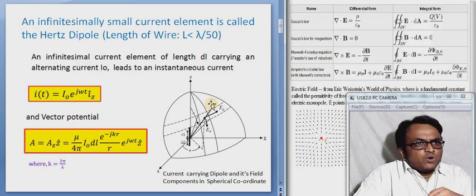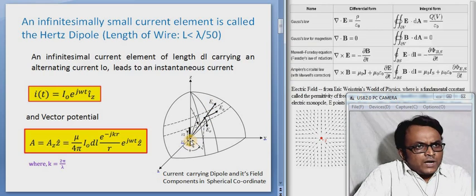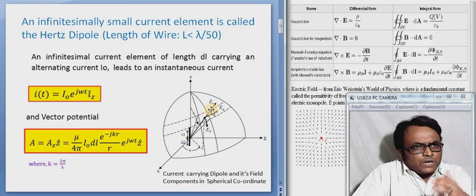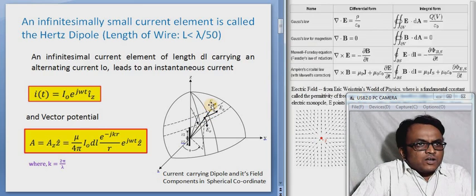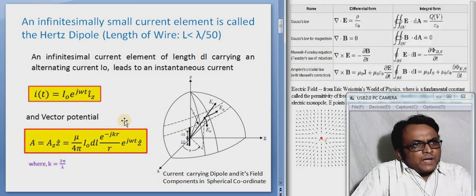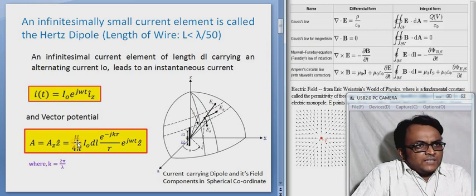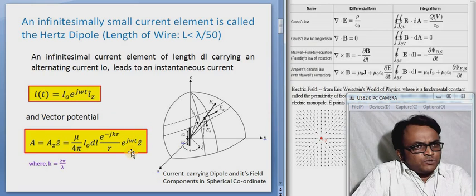And in the spherical coordinate system it is situated at the center of the coordinates. Therefore at any point at any instant of time, the three components of the radiation pattern will be the radial component E r, the azimuth component E phi, and the elevation component E theta, and the associated magnetic vector potential will be defined as mu by 4 pi I0 dl, which is the basic term of the propagation terms, and I0 e to the power j omega t z is the current distribution across this infinitesimal small dipole antenna.